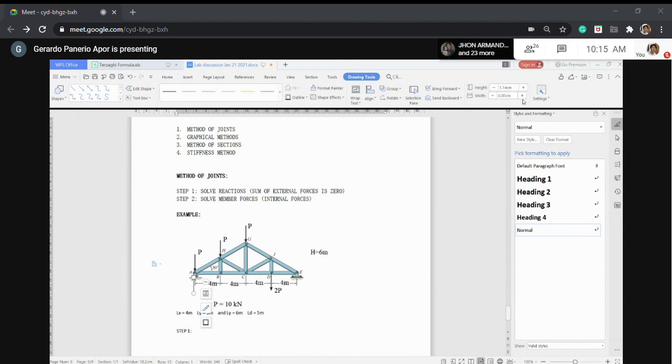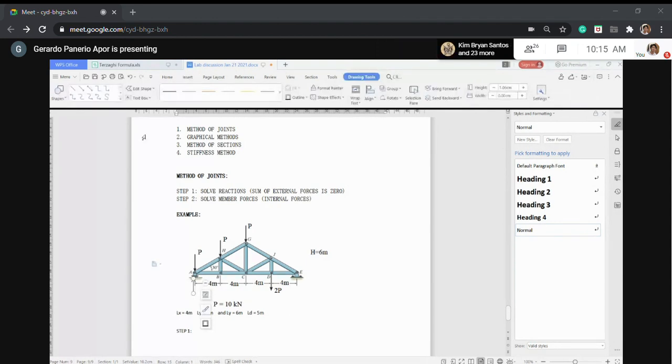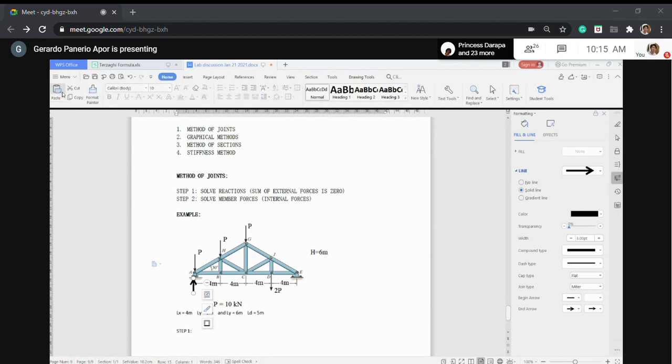Okay, that is what we call reaction A. These are the reactions at A. So we call that RA. I'll copy and paste this.